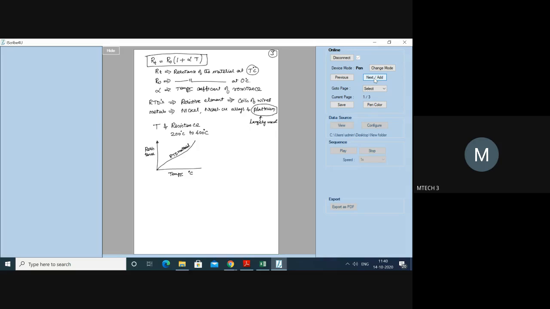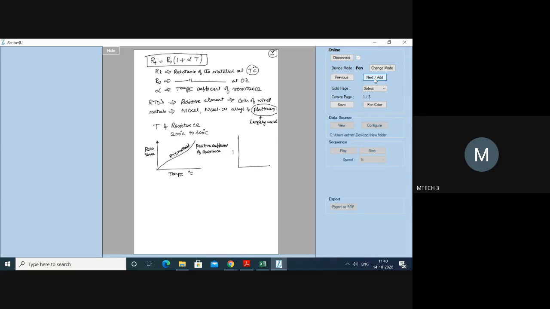That means with the increase in temperature, there will be a corresponding increase in the resistance. This is called positive coefficient of resistance. If you take the slope of this, it is the positive coefficient of resistance.